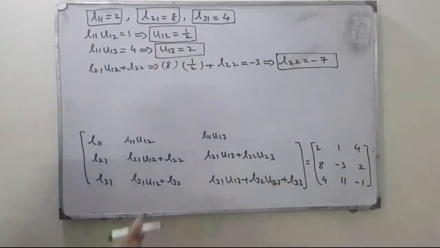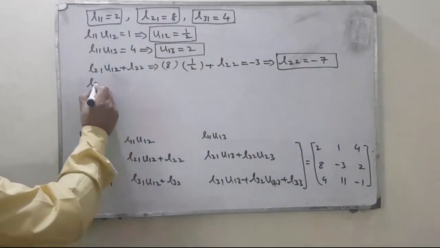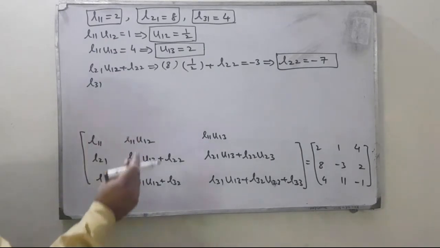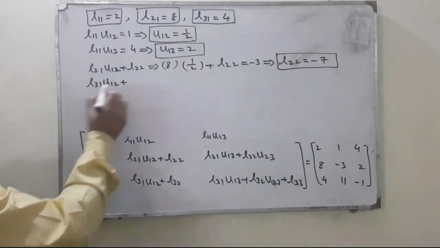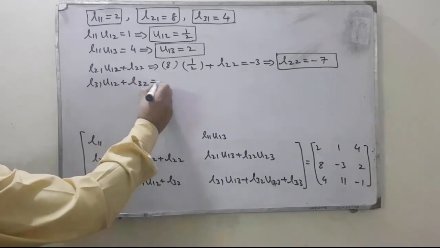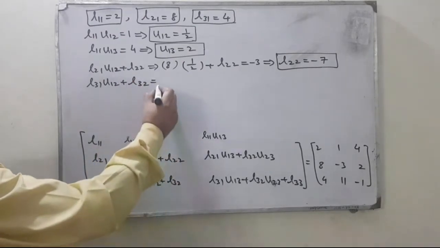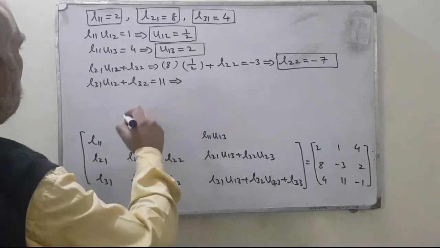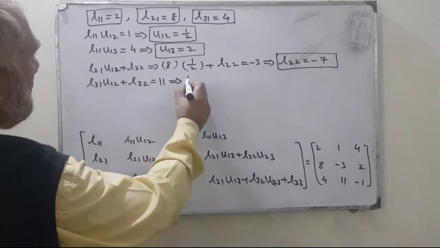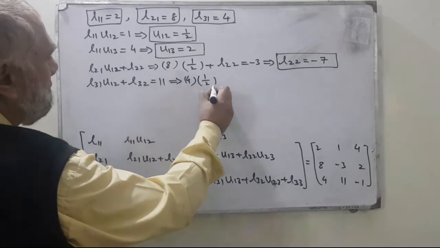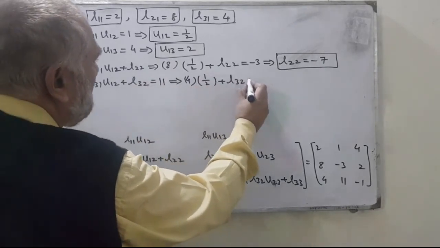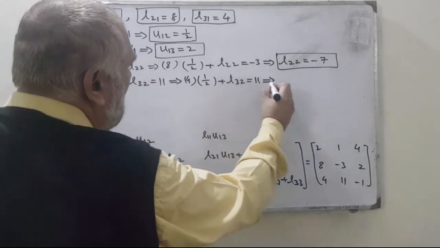Okay. Now we use this entry, L31 U12 plus L32, and the net result is equal to 11. From here L31 is 4, U12 is 1 by 2 plus L32 you have to calculate.